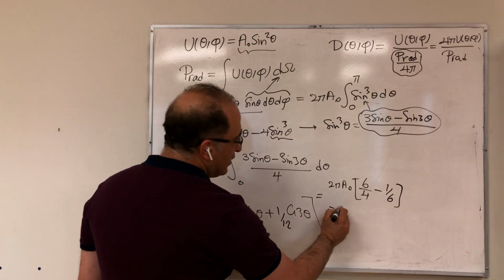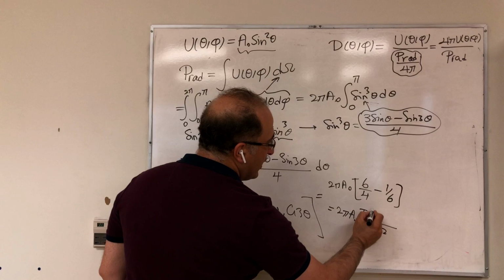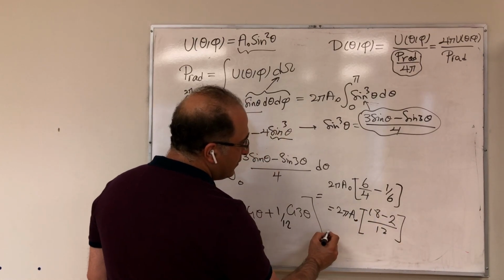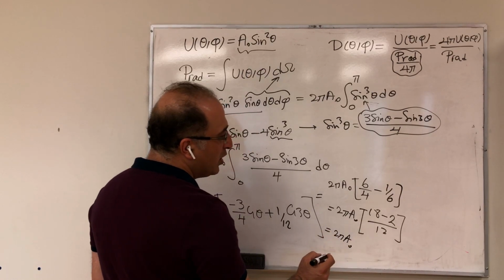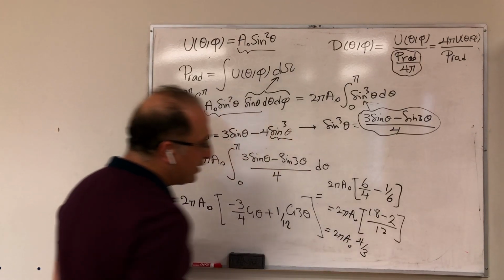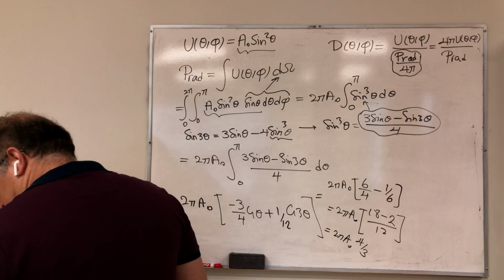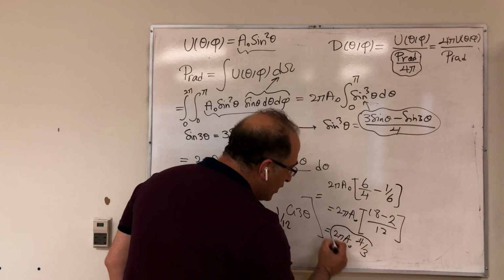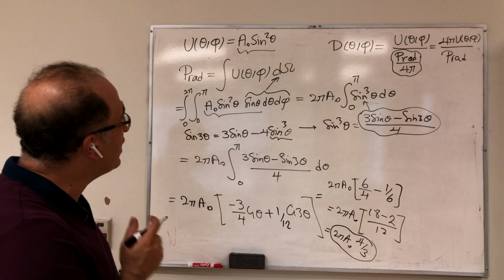And that's going to make it 2 pi a naught times, 18 minus 2 over 12, which is 16 over 12, and I'm going to get 4 divided by 3. Let me double check. So I guess it's correct. So that's my total radiated power, 2 pi a naught times 4 divided by 3.